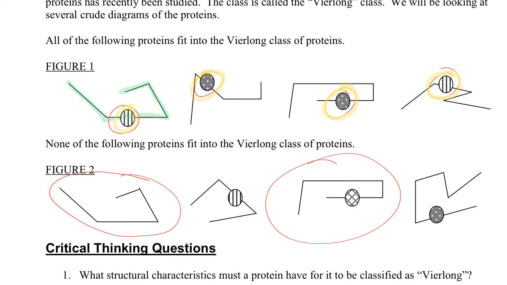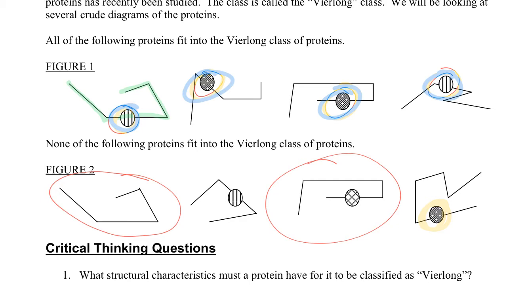So even though this one has a dotted globule in figure 2, it has too many line segments. It has 5 line segments. So a Vierlong protein needs to have a striped or a dotted globule and 4 line segments. That's what they should get for question 1.